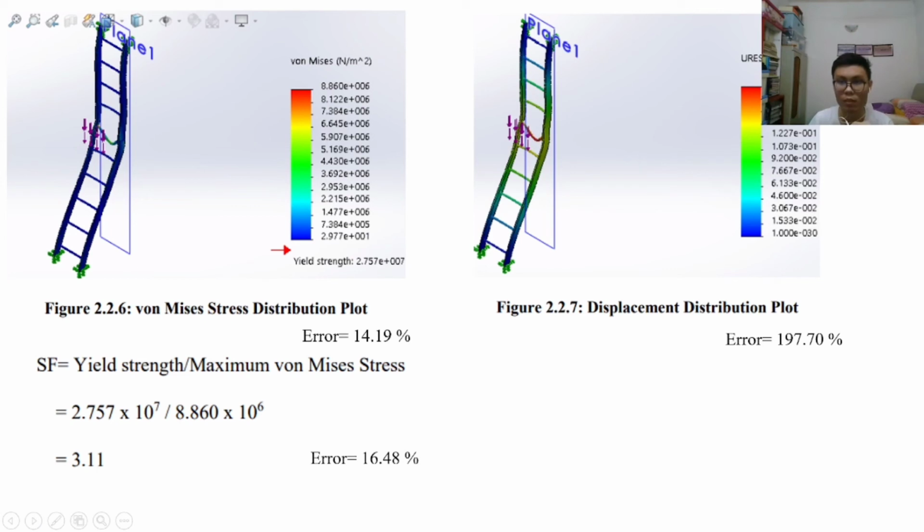The maximum displacement is 0.184 millimeter. The error from simulation for maximum displacement is 197.7%. It is almost double the actual displacement.